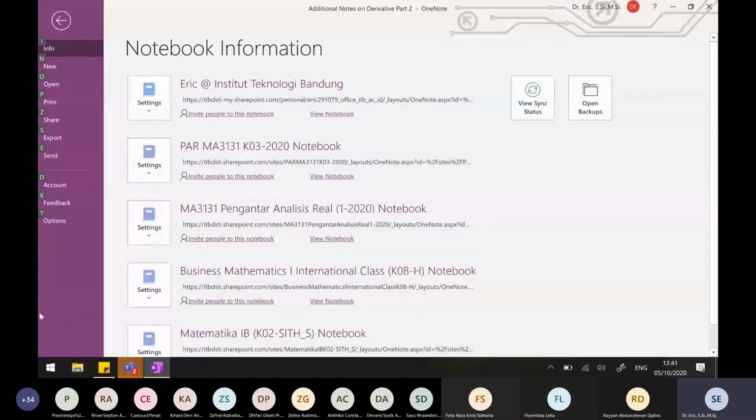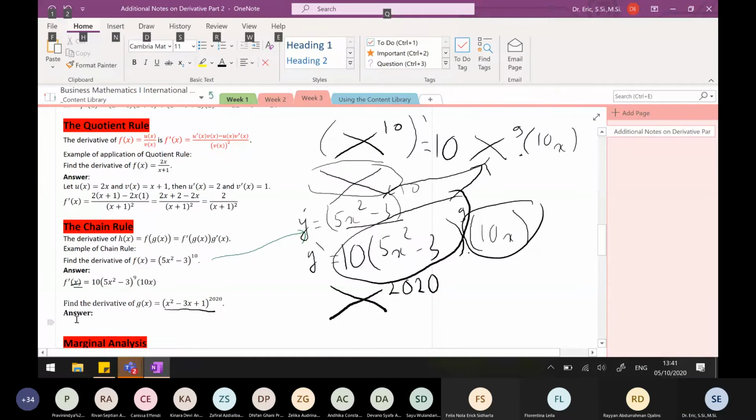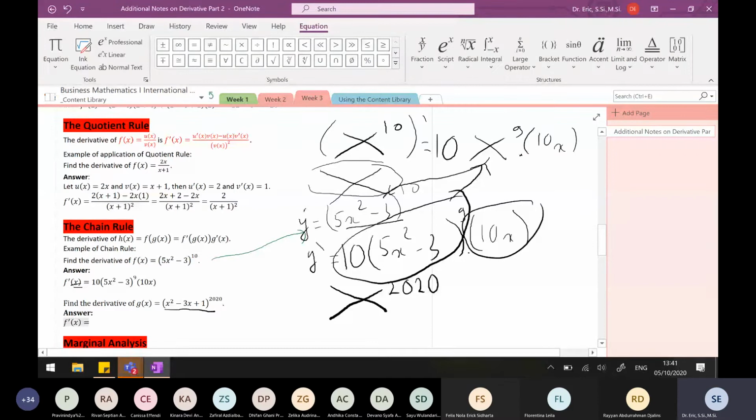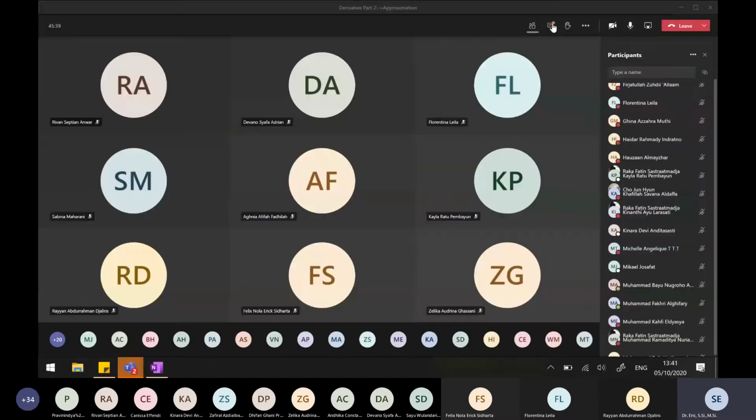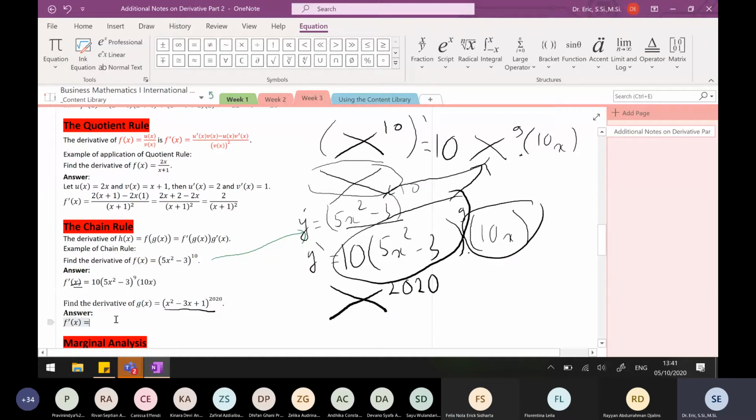This is capital X to the 2020. 2020 will go downward, Raka Fatin.